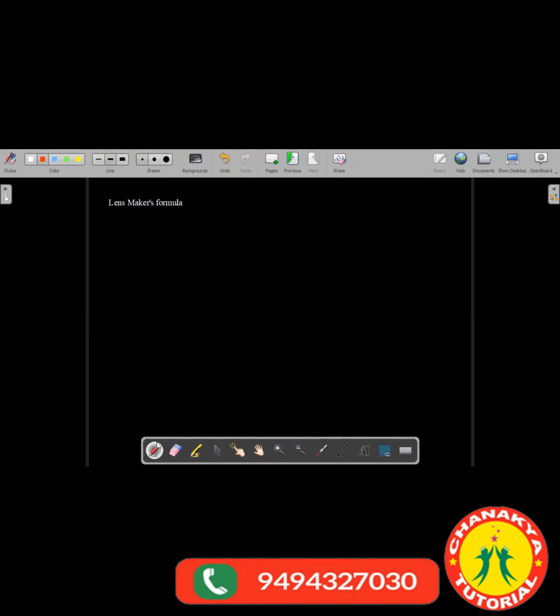Using the lens maker's formula, it states that N2 by V minus N1 by U is equal to N2 minus N1 multiplied by 1 by R1 minus 1 by R2.